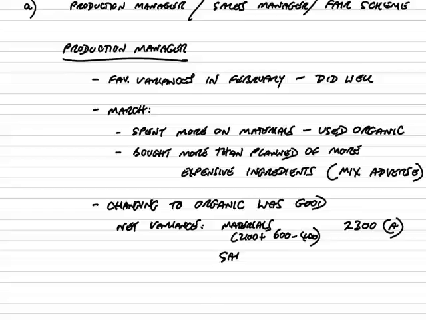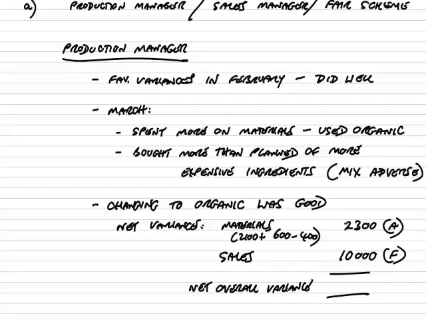But our sales variances, we gained 10,000. And so there's a net overall benefit of what? 7,700 favourable?